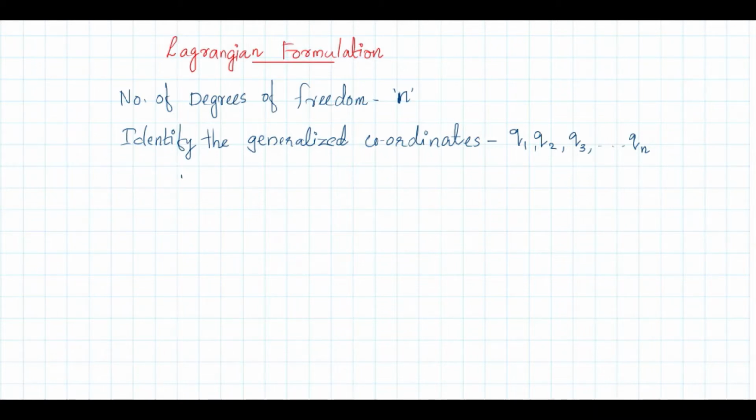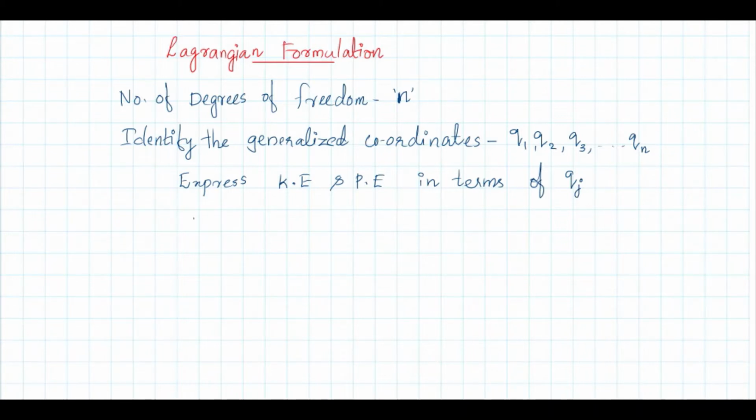Now, if you have a set of generalized coordinates, the next step is to express the kinetic energy and potential energy of the system in terms of these generalized coordinates.